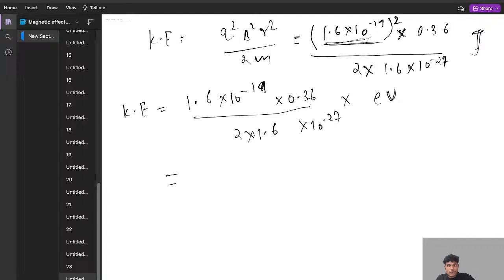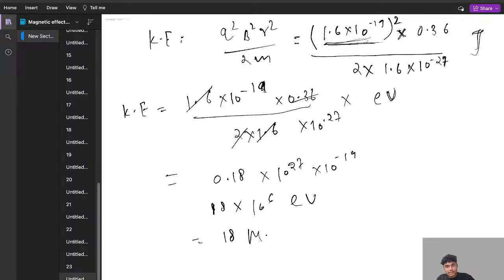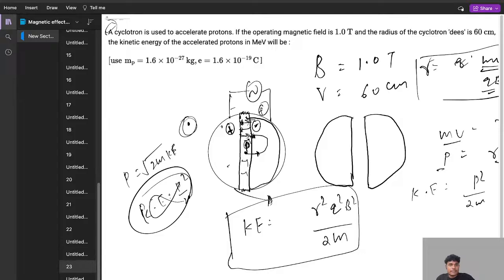Okay, so on calculation we get 2 cancel out this and this cancel out this, that is 18 into 10 raised to power 6 electron volt, that is 18 mega electron volt, right. Do you understand this? So what is our answer? 18 mega electron volt, right.